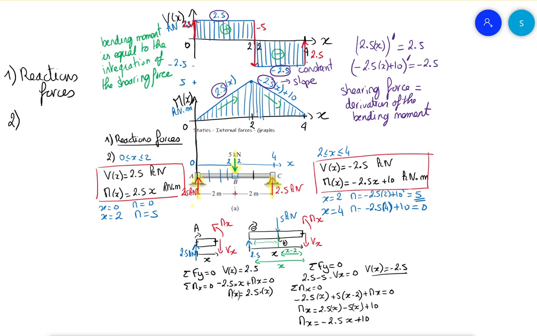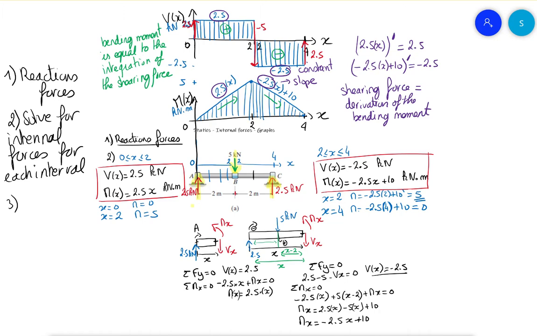Step 2, we solve for the internal force for each interval. Okay, and how do we determine the interval? It's everywhere we have an external load, which could be a force or a moment, an external force or an external moment. We need to make a new interval.